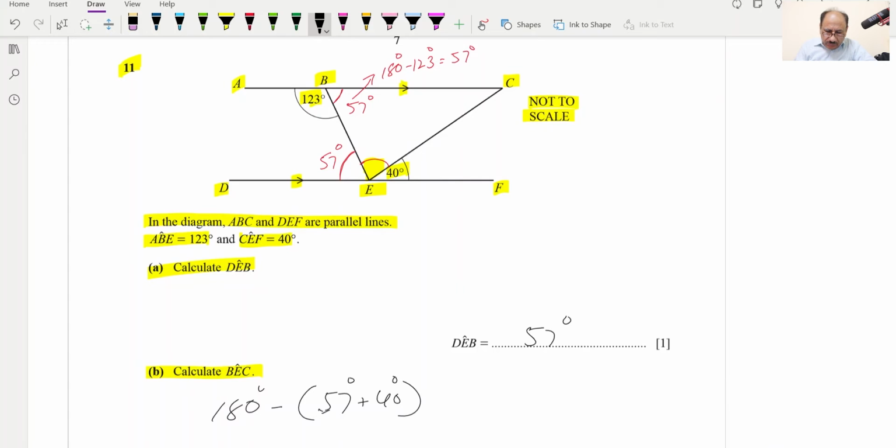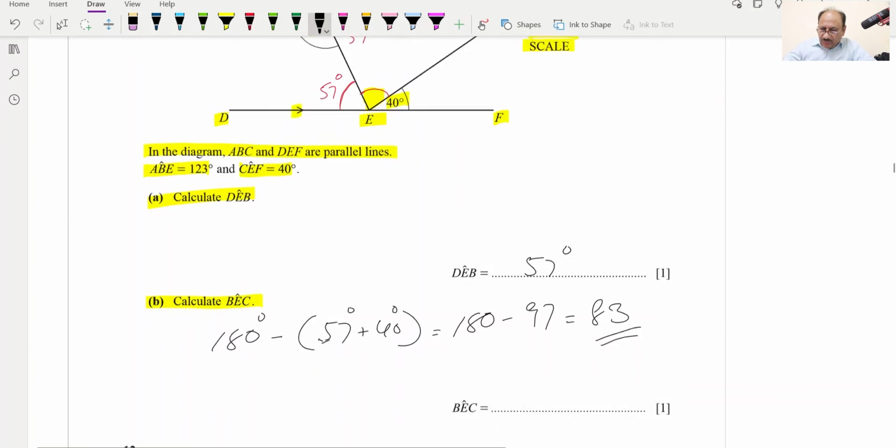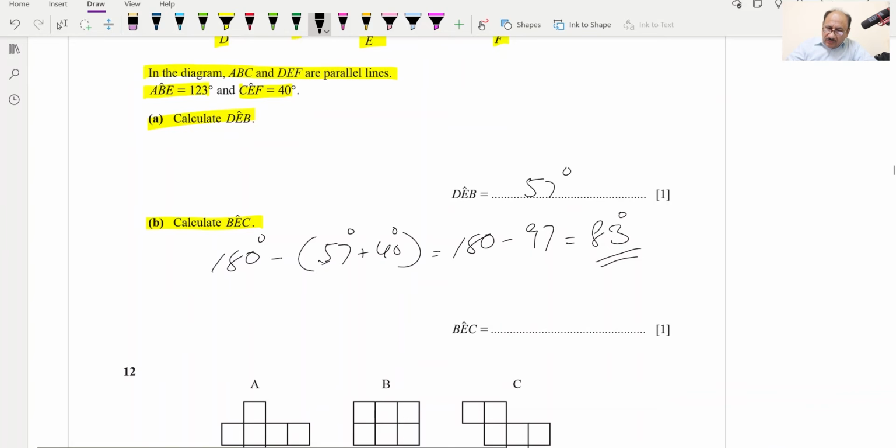So this will be 180 minus 97, and this will be equal to 83. 97 plus 3 will be 100 and 180. Yes, so 83 will be our final answer for this part. And we can write this over here. This is a 1 mark part.